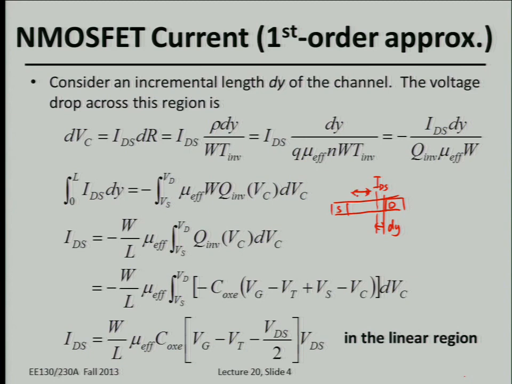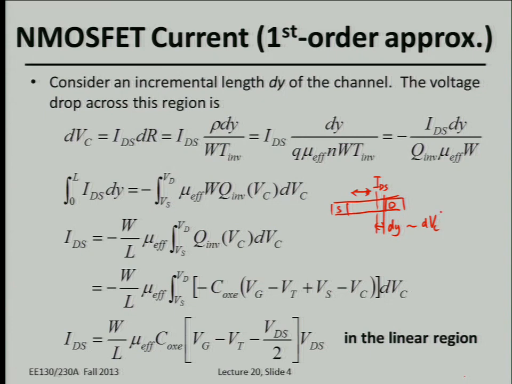And what I'd like to see is the voltage difference induced by the increment of dy. So let's say I keep the drive current as IDS, and I put an increment to the length of my channel as dy. Then there's an actual voltage drop across it.